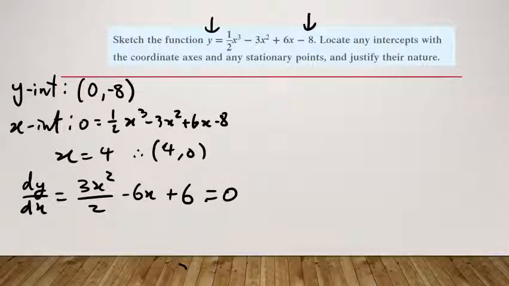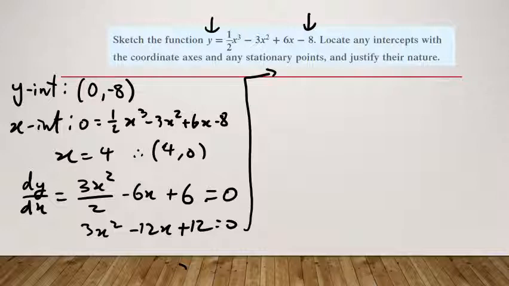Once they're equal to 0, then you go through and solve it. If you're a little bit stuck, I would suggest you times by 2 and then divide by 3 for both sides first, just to make it easier. So then you get 3x squared minus 12x plus 12 equals 0.